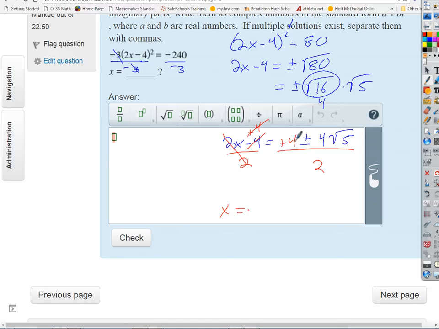So I've got 4 over 2, I'm going to break this into two fractions. So we get 4 over 2 plus or minus 4 radical 5 over 2. The 4 over the 2 reduces to a 2, so I get 2 plus or minus 2 radical 5. Okay, so enter those separated by a comma.